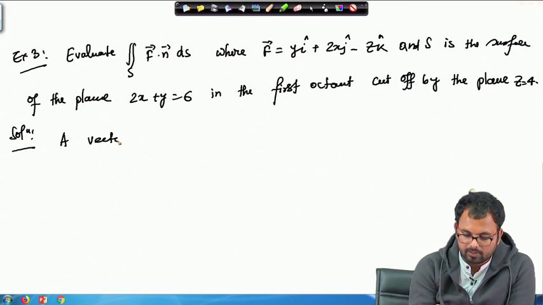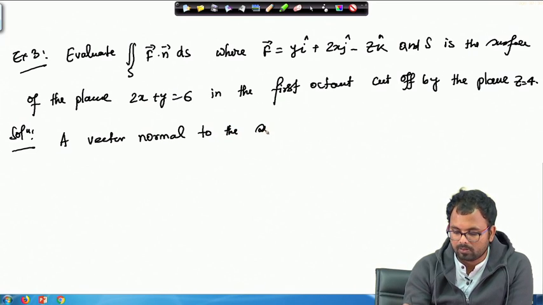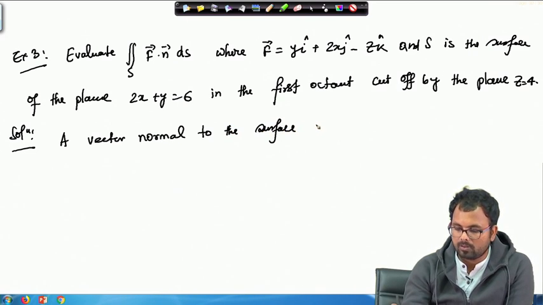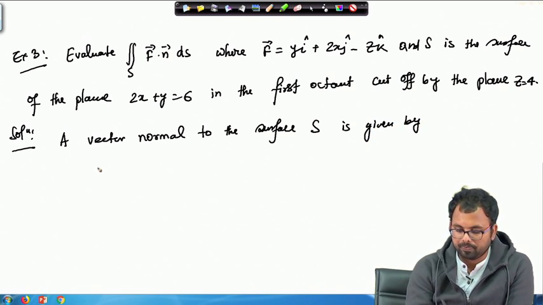So, a vector normal to the surface S is given by, let us say n equals to gradient of 2x plus y minus 6.